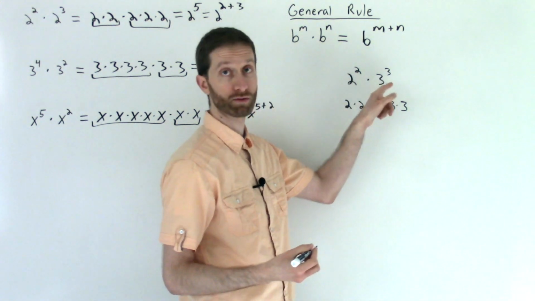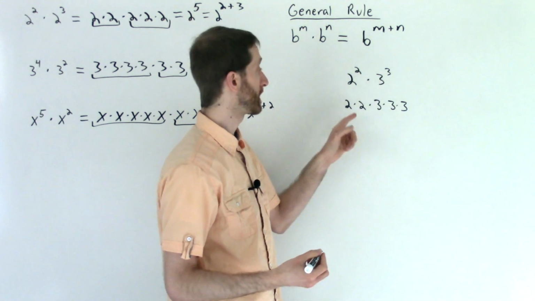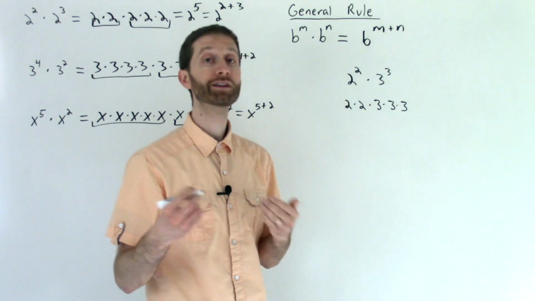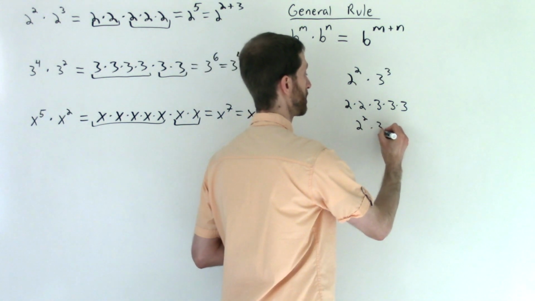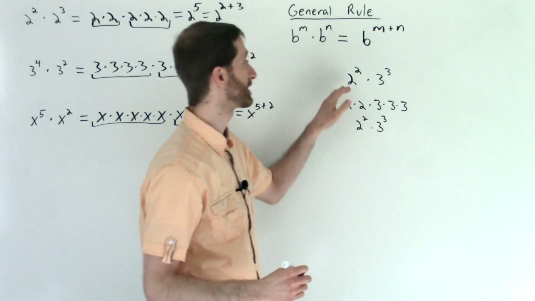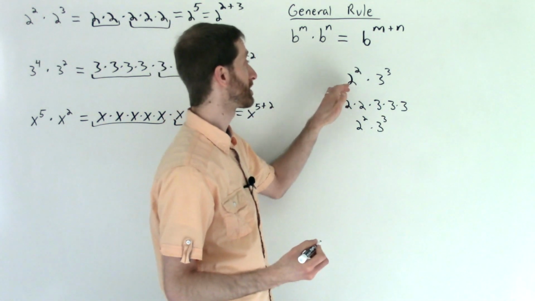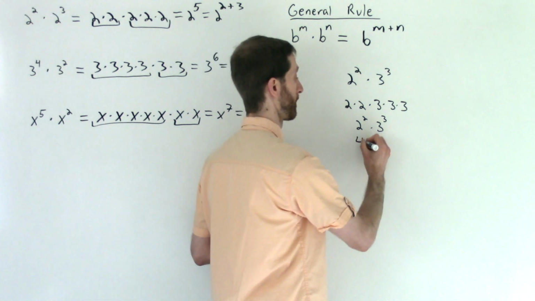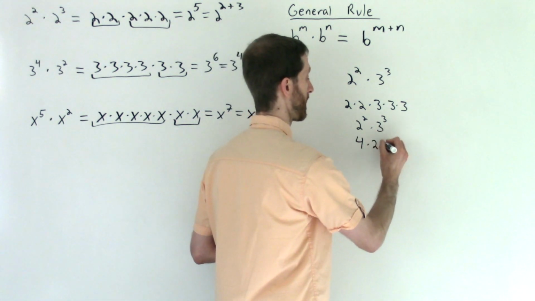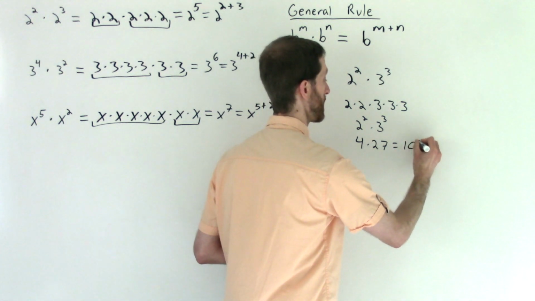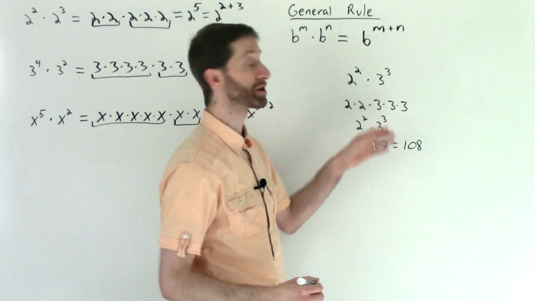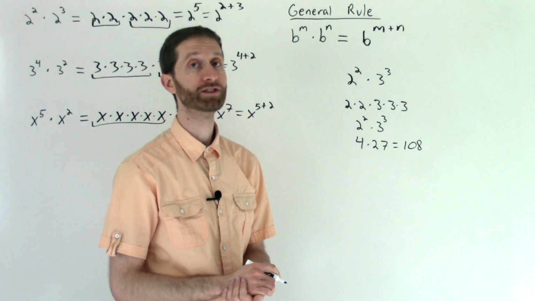It's not 2 plus 3 and 2 times 3. Because what I have still is 2 2's being multiplied and 3 3's being multiplied. So the only way to simplify that, you'd actually just have to do 2 squared is 4 times 3 cubed is 27, and then multiply that out to get you 108. So the point being is there is no shortcut when the bases are different.